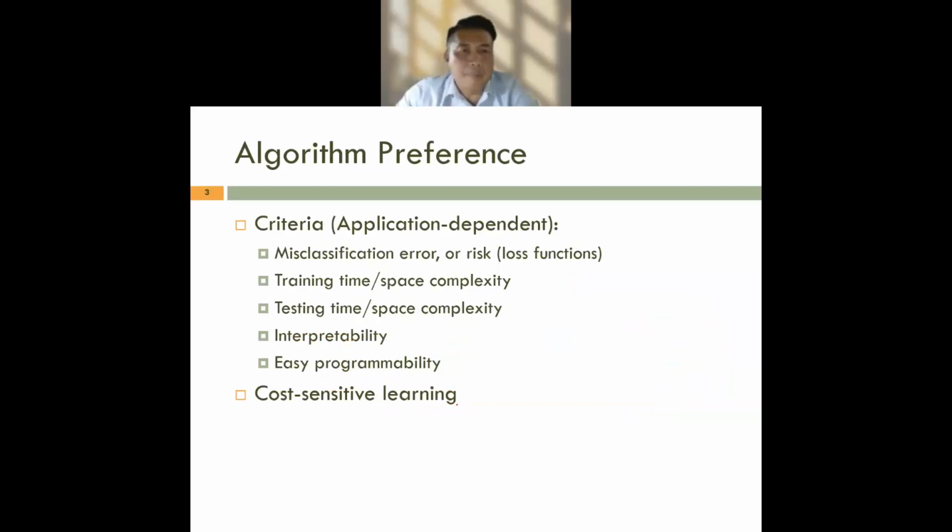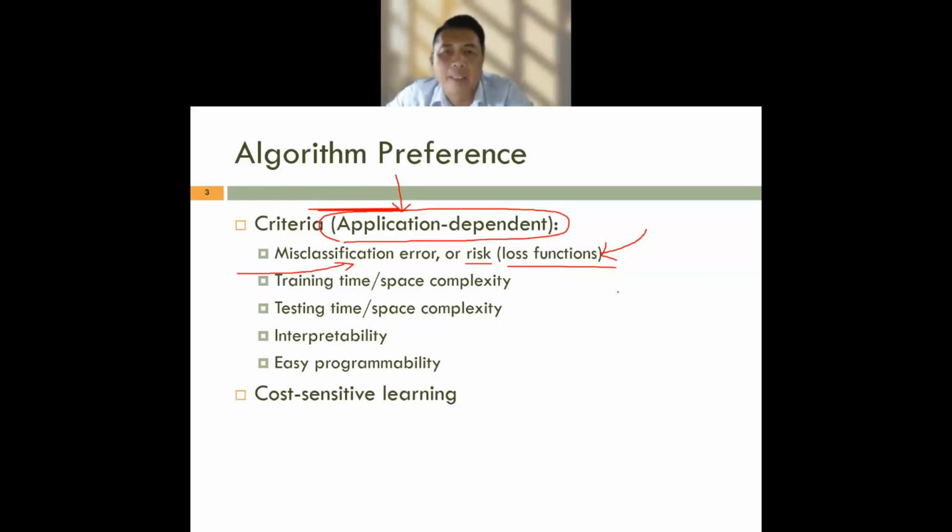Okay, so when you want to perform any experiment, if you look at some data, when we say application dependent, it refers to the domain of your data set. So we will look into what is the misclassification error. Sometimes they call it risk or loss function. So what we want to do is reduce this loss function. How much improvement can we make on the accuracy by changing the parameter?